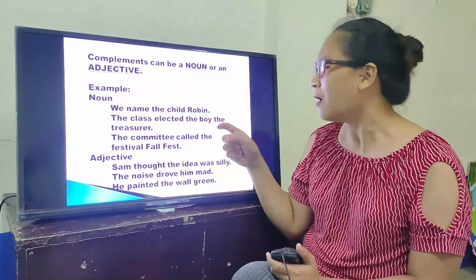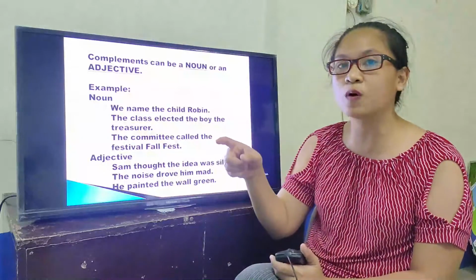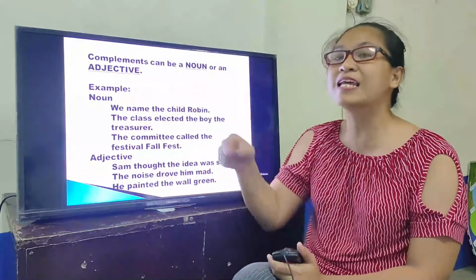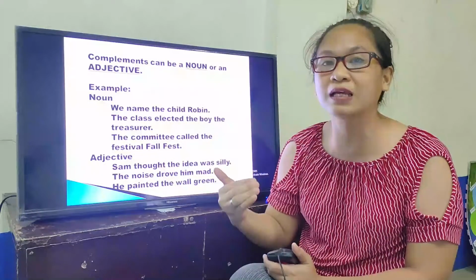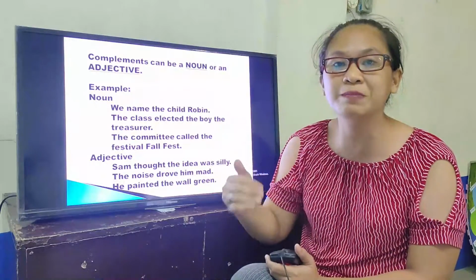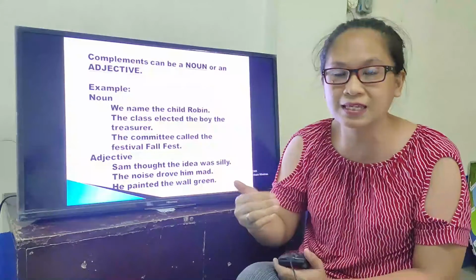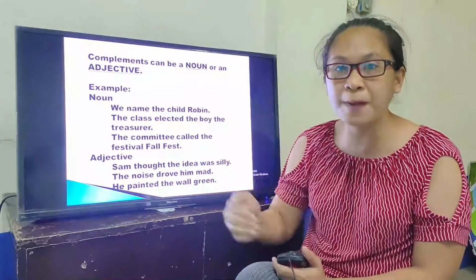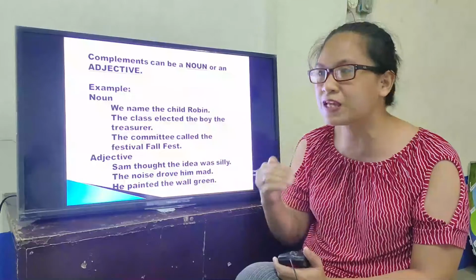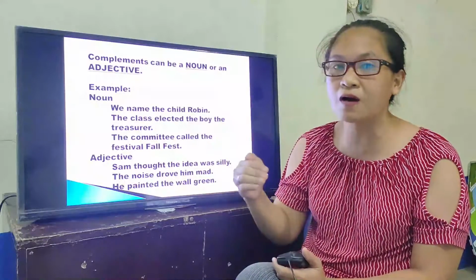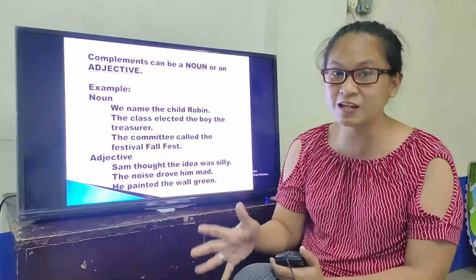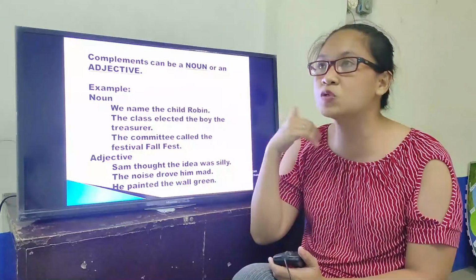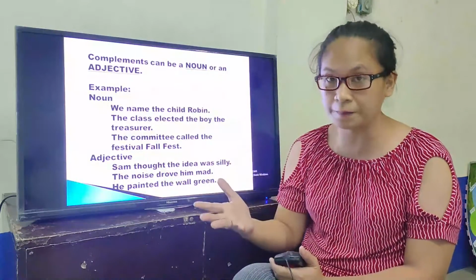So the word the treasurer is our object complement. It complements, like what we said, the object. It tells something about the object. Okay, so that is quite easy for you to identify the object complement.